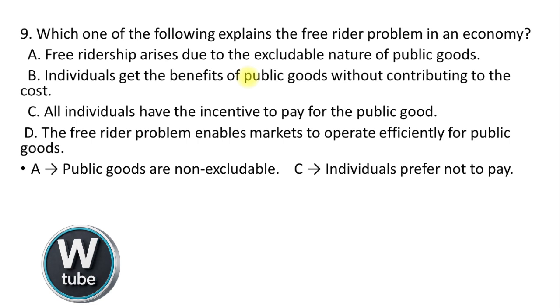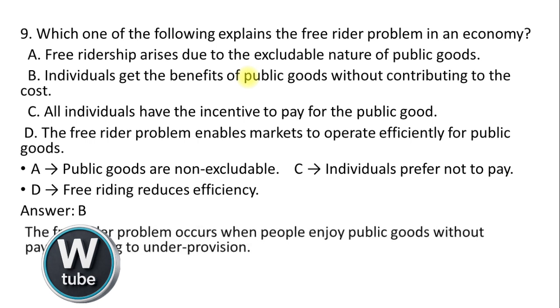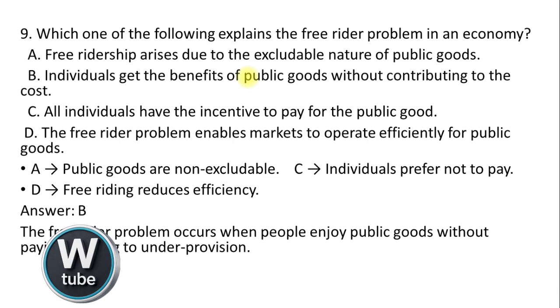The free rider problem enables market to operate efficiently for public good is not the answer. As a result, the correct answer is individuals get the benefits of public goods without contributing to the cost, B. The free rider problem occurs when people enjoy public goods without paying, thus leading to under-provision. So B is the correct answer.